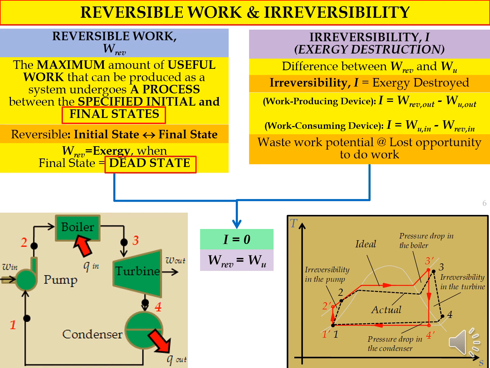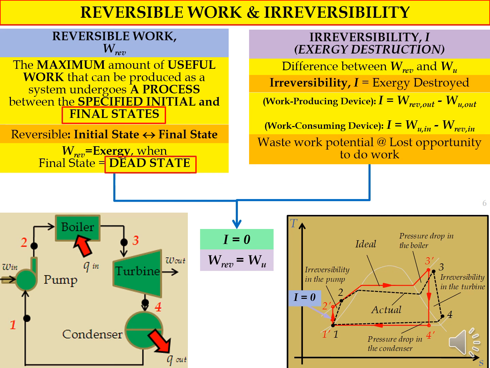The prime is for the ideal system, whereas in the actual system, we have irreversibility in the pump from state 1 to 2 and irreversibility in the turbine from state 3 to 4. We also have the pressure drop in the boiler and the pressure drop in the condenser.